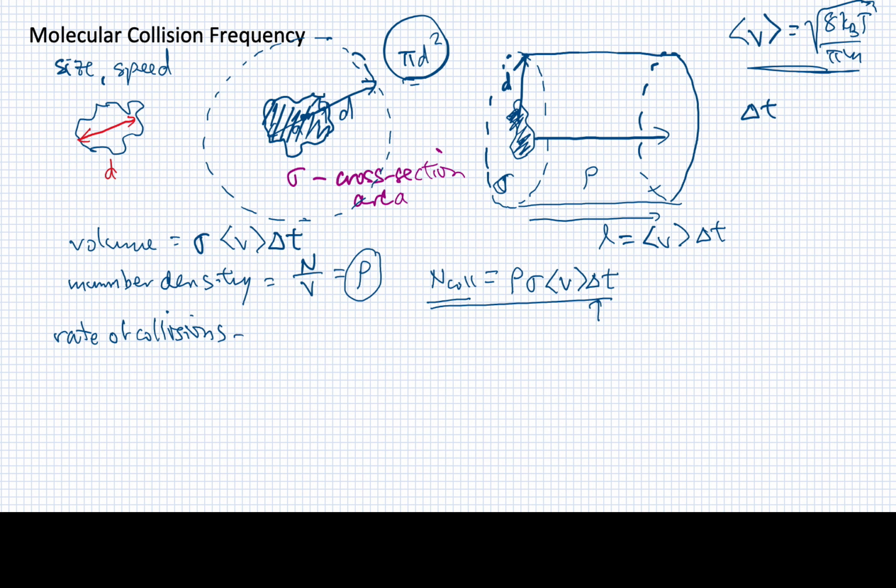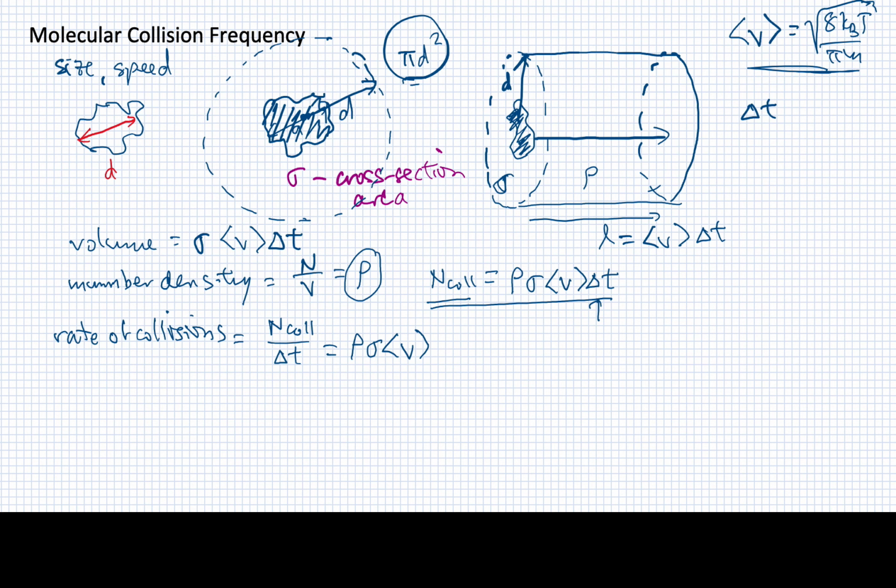It's going to be the number of collisions over some period of time, and we'll just use that same period of time to get that. So for this rate, I can simply write it as rho times sigma times the average velocity of these molecules. Now we're getting a fairly simple picture for how this looks.